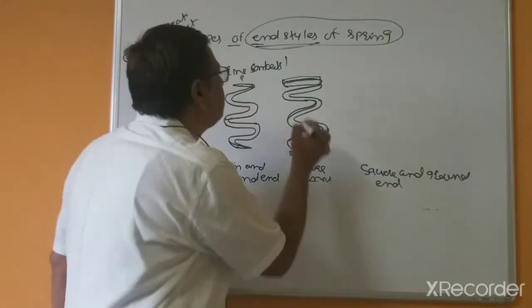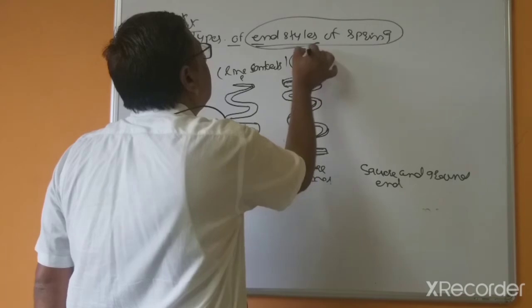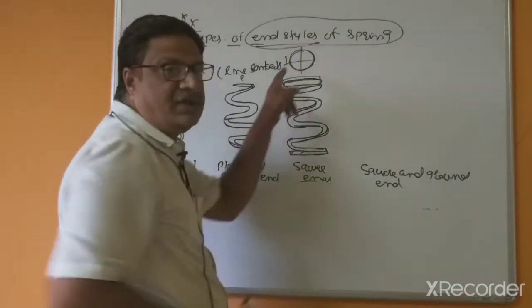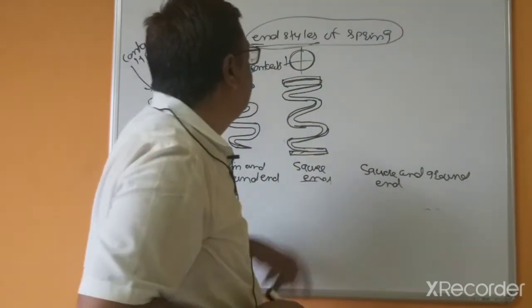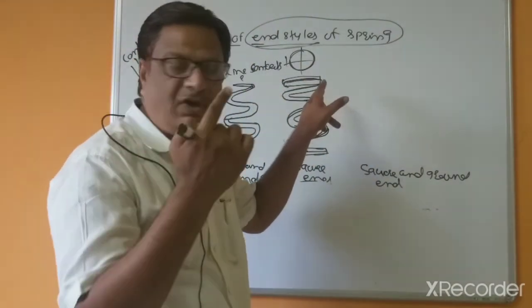Square ends means a total touch with the seat, though not completely, and here it touches in line contact.